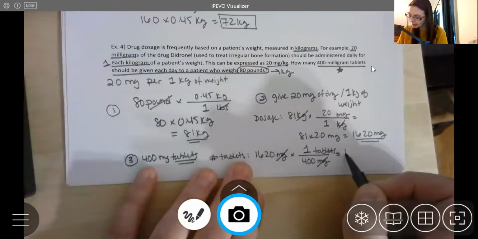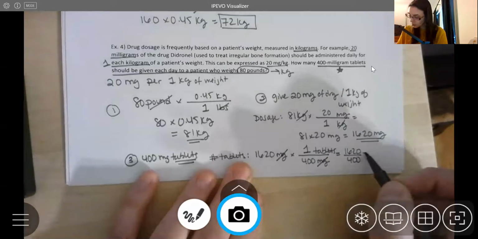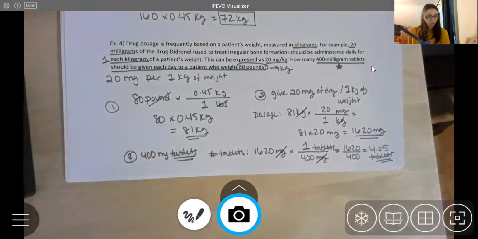So I'm basically looking at 1,620 over 400, which is equal to 4.05 tablets. So finally, we're done. At this point, 0.05 is very, very small, right? So we would give that person 4 tablets of the drug for the entire day.